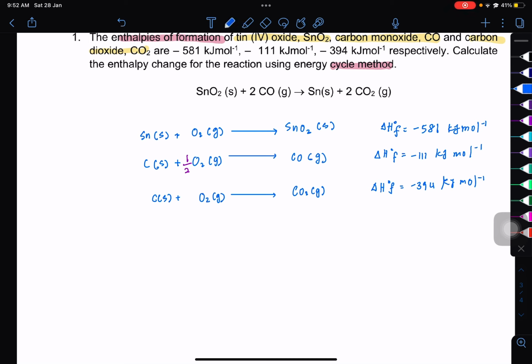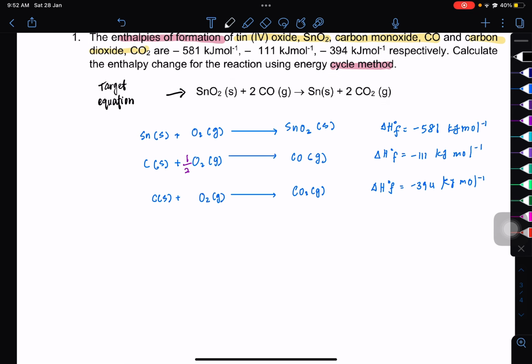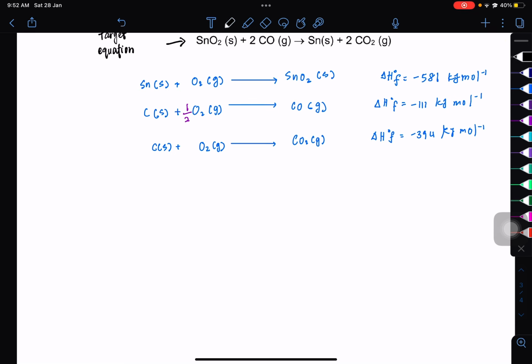So this is our target equation. We use it as the reference for what we do. For the first method, I will use the algebraic method.